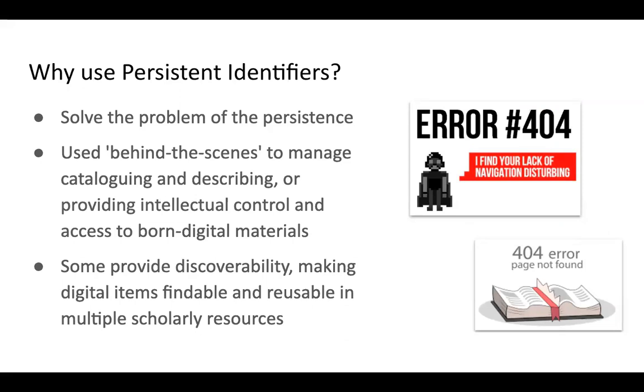So link rot is when hyperlinks cease to point to their originally targeted file, web page, or server due to that resource being relocated or becoming just permanently unavailable. So if you've ever gotten a 404 error for a link, this indicates that the content is no longer available at that URL or location. So for citations, we want to avoid using URLs that point to resources on personal websites, and instead use one of these persistent identifiers.